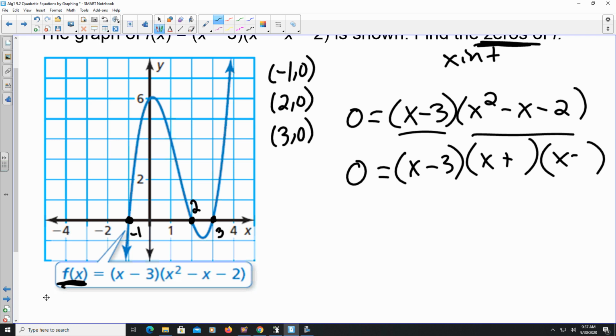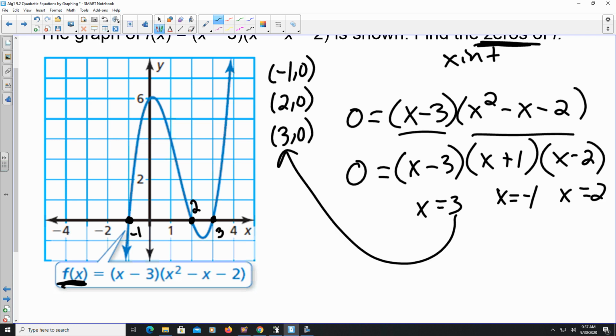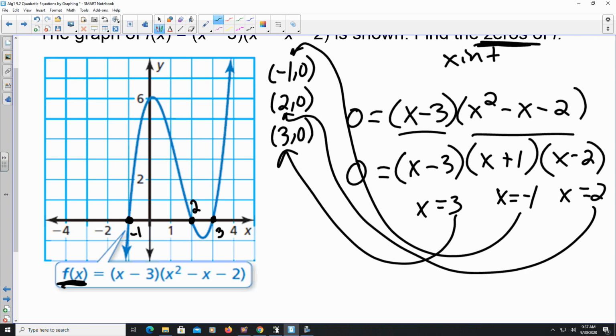Different signs because of the minus 2, and the larger number goes with the minus, so I believe it's 2 and 1. Using the zero product property, like from last section, x equals 3, x equals negative 1, and x equals 2. Here's my 3, here's my negative 1, and here's my 2. I was able to verify what my graph showed for that particular function.